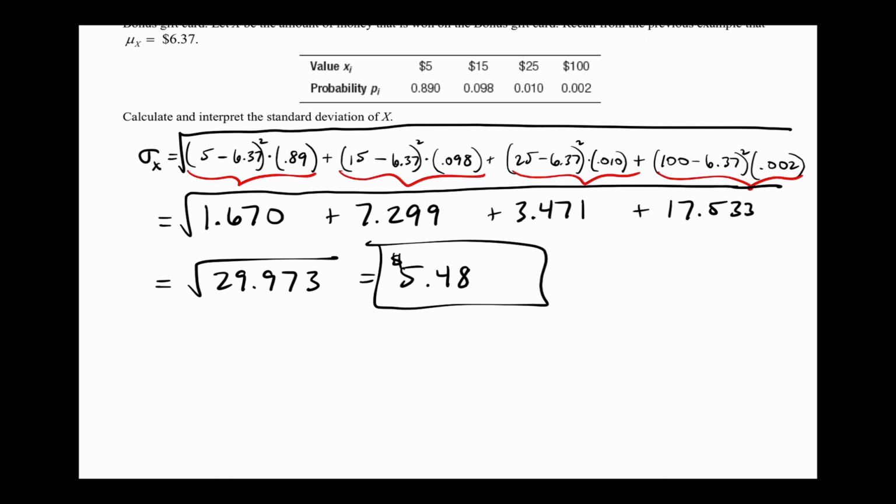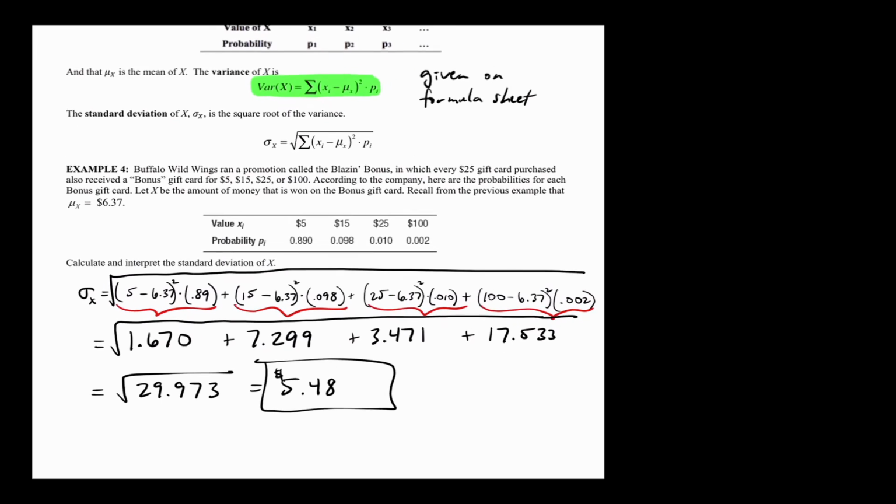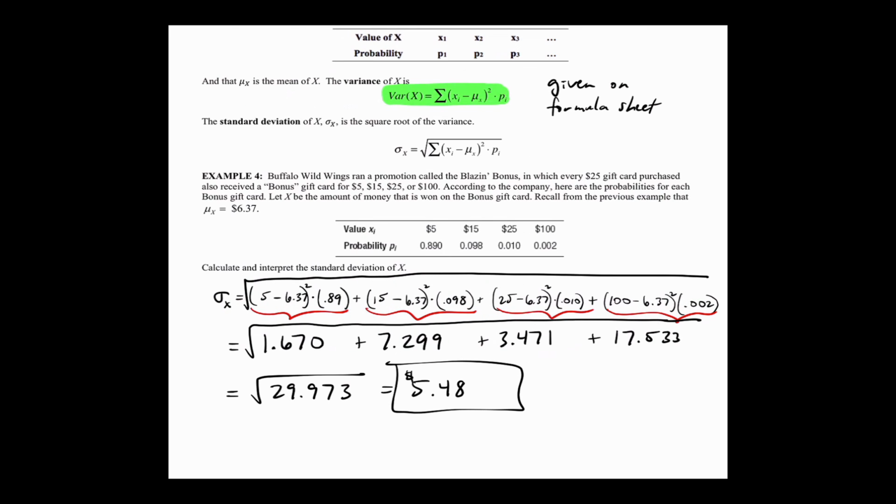So each one of those, on average, is about $5.48 away from the mean. In other words, my average was $6.37. That number will vary by about $5.48.